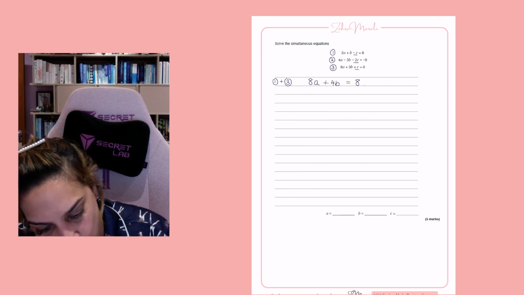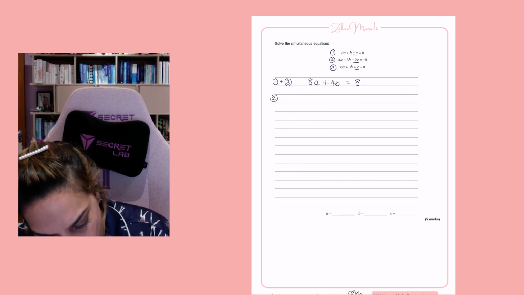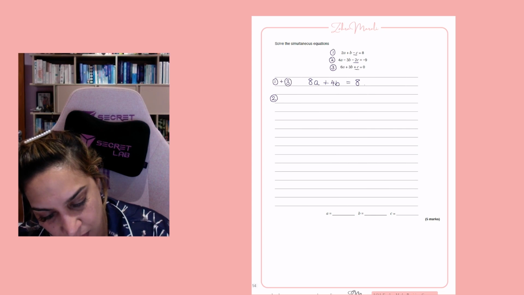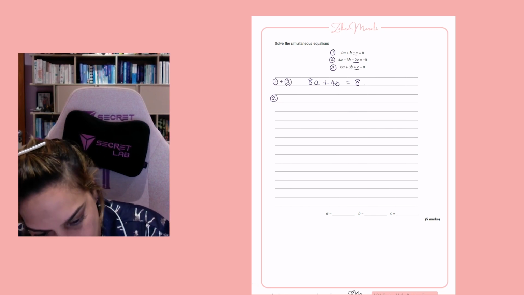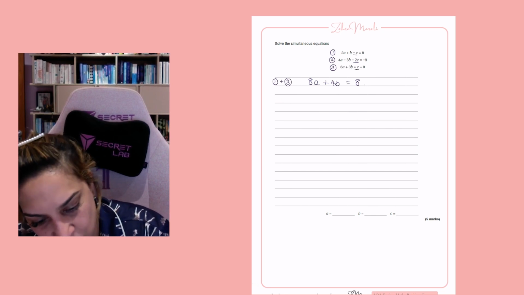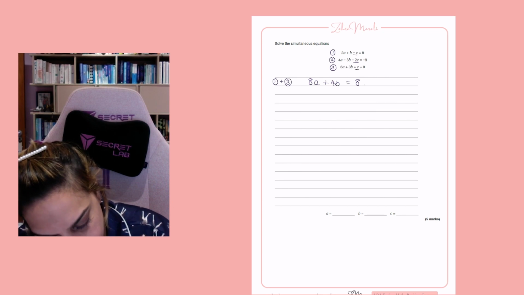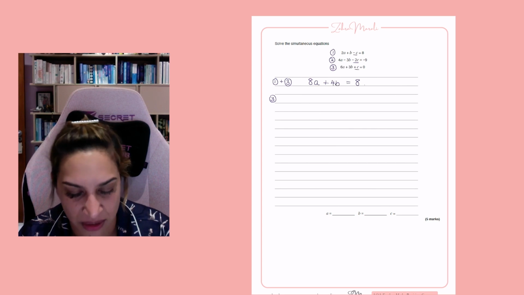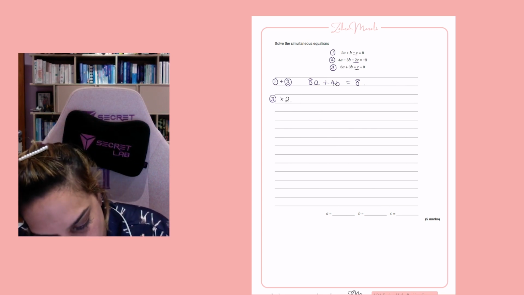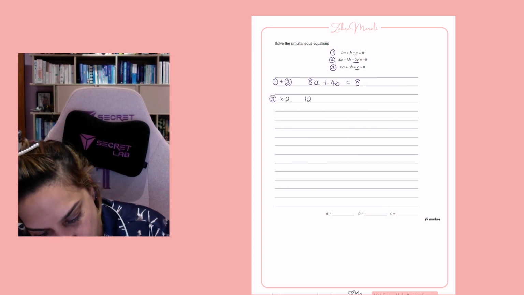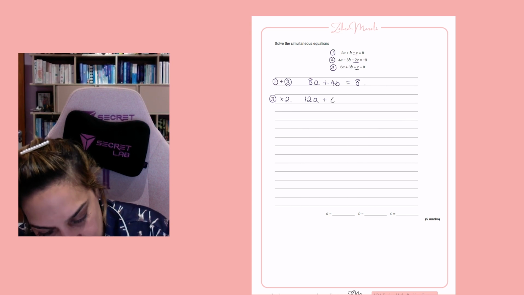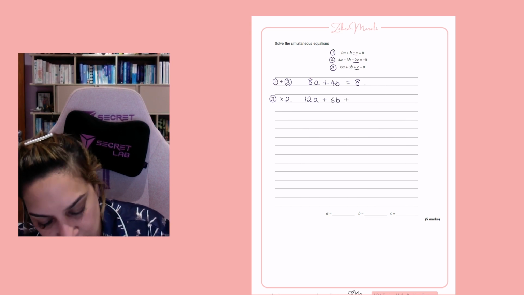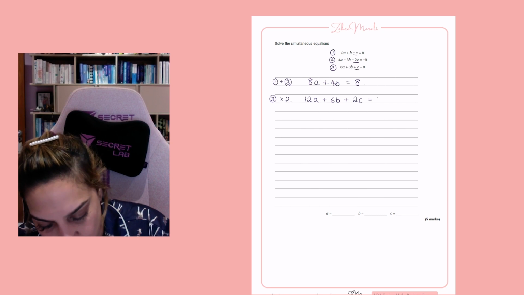So I could do equation 2. I could take equation, let's do this actually, let's take equation 3. I just think adding is easier than taking away, then you're not thinking about the minus and the minus. And I'm going to multiply that by 2. So that gives me 12a plus 6b plus 2c equals 0.